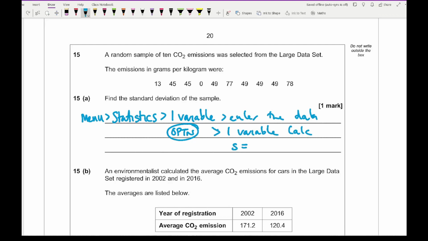Alternatively, you could use the formula, which is the square root of sigma x squared minus sigma x squared over n, all over n minus 1, in which you should have an answer of 22.9.